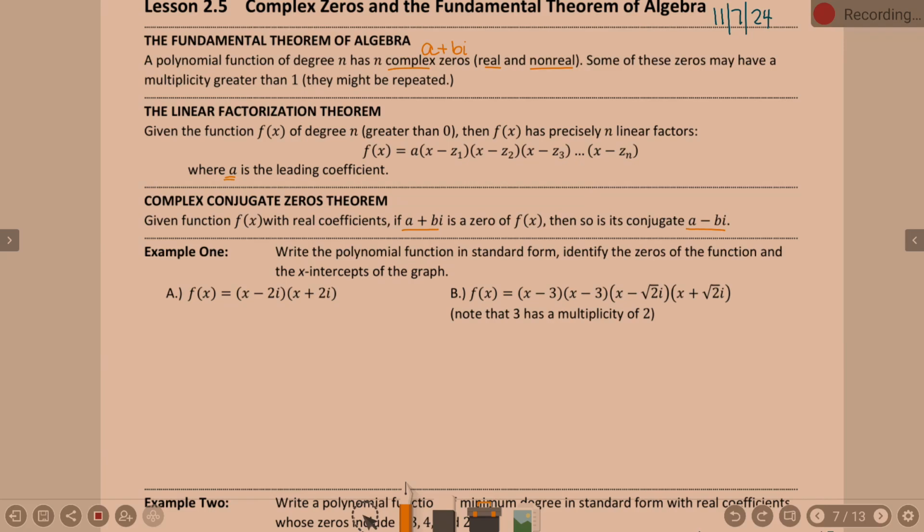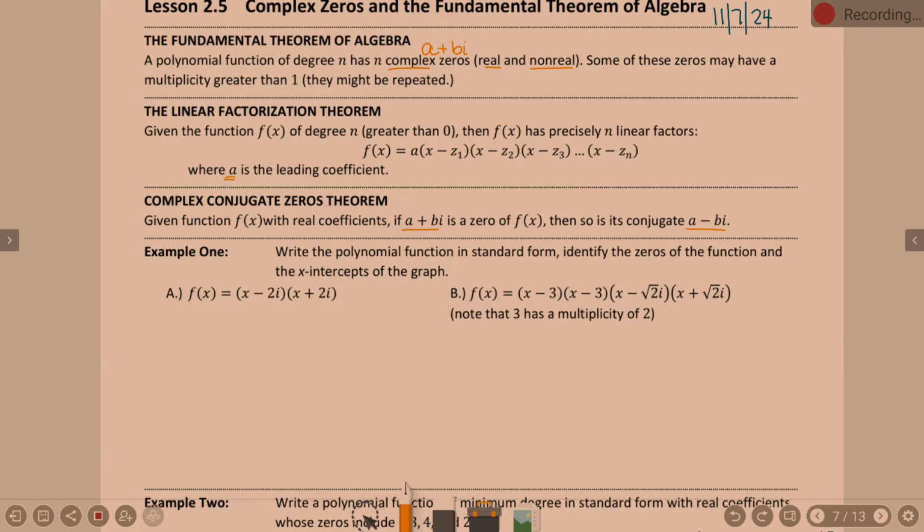Remember, conjugate means you're changing the middle sign between the two terms, basically changing the sign in front of the imaginary portion. That's where I've kind of referenced that imaginary zeros always occur in pairs. Same thing, though this doesn't reference it, irrational square root answers always occur in pairs as well.